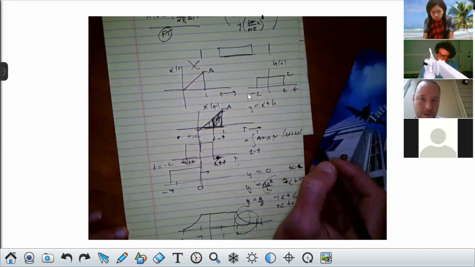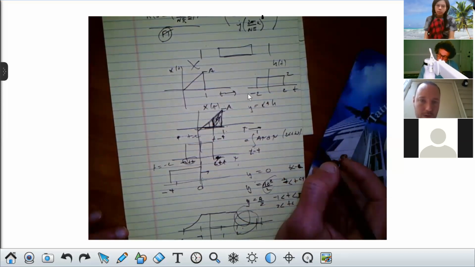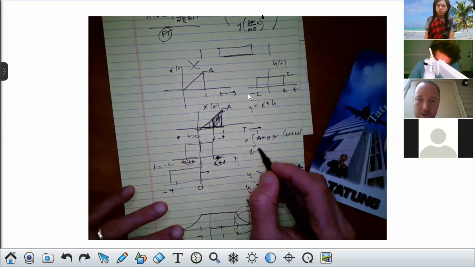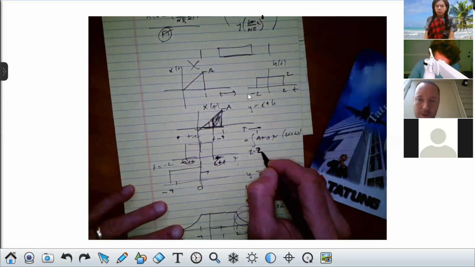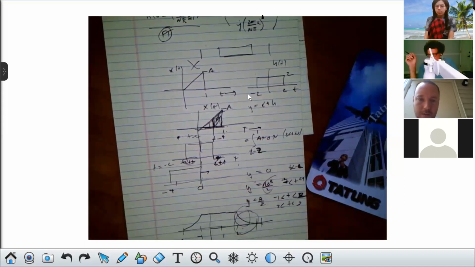Why wouldn't it be t minus 2, because isn't t the center of our rectangle, the way that we've defined our bounds? You're right, you're right. When t is 2, this is 0, so 2 minus 2 is 0. The only other thing is that the pulse is at a height of 2, and I don't think that's been included.